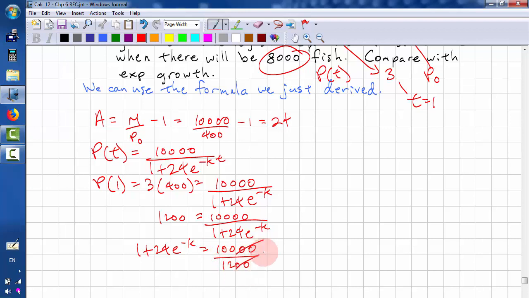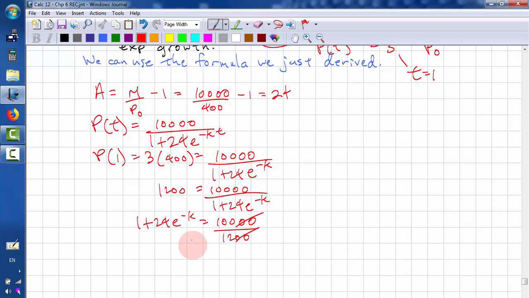Let's cancel some zeros out. Let's move the 1 over to the other side. So 24 e to the minus k equals, let's simplify this a bit more, we can divide it by 4, we get 25 over 3 minus 1.